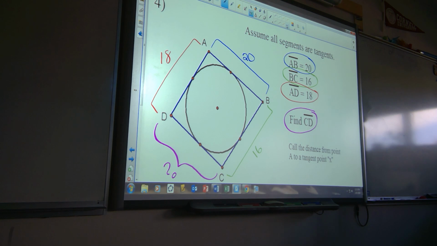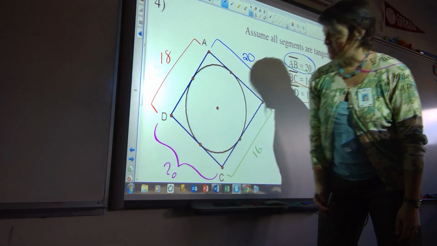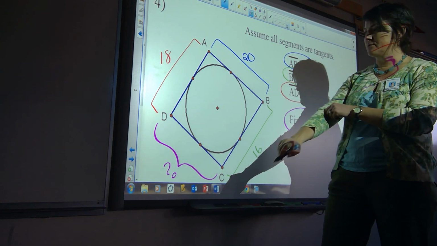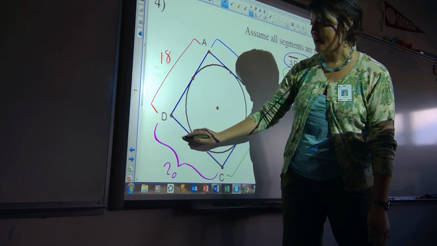All right, so we actually have to put in a variable, and it doesn't really matter where we put it in, but we need to put in a variable in order to figure these pieces out. I'm gonna put it right here.